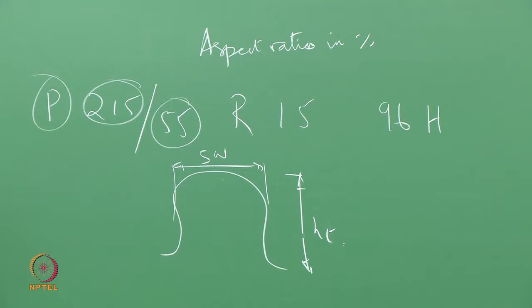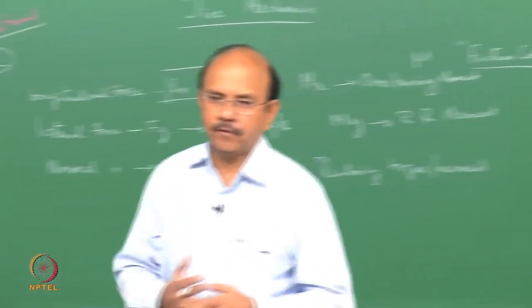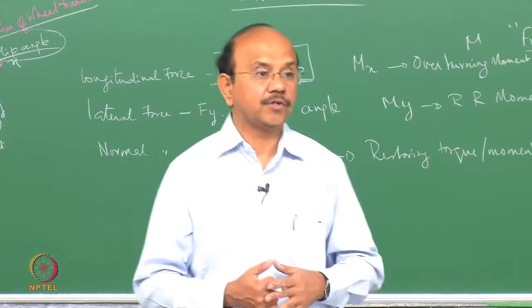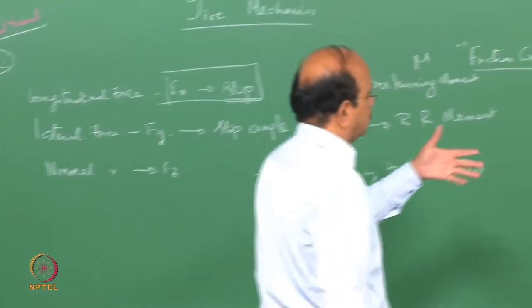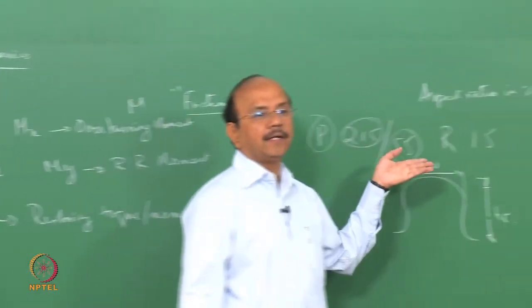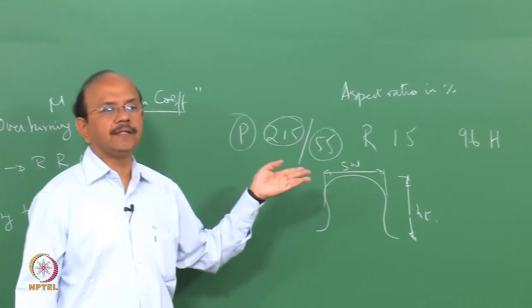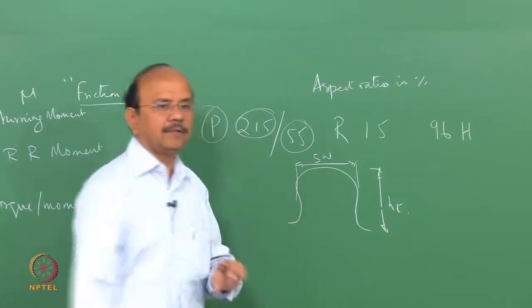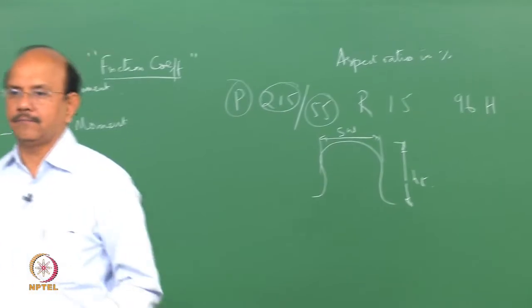Tires with a lower aspect ratio are colloquially called low aspect ratio tires. 35 is a very low aspect ratio. In fact, if you see many of the high-end cars today, you would notice that this height is very small.